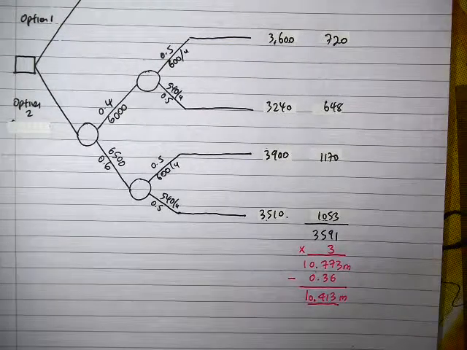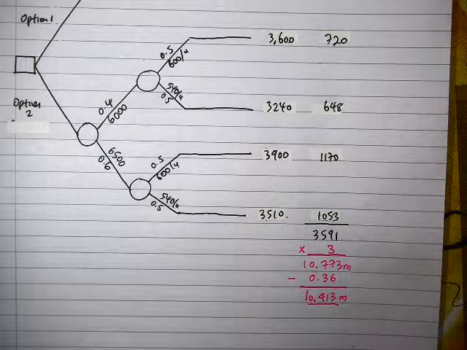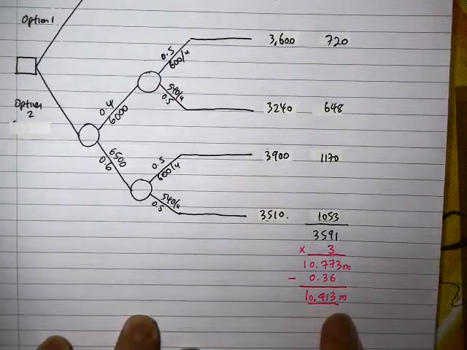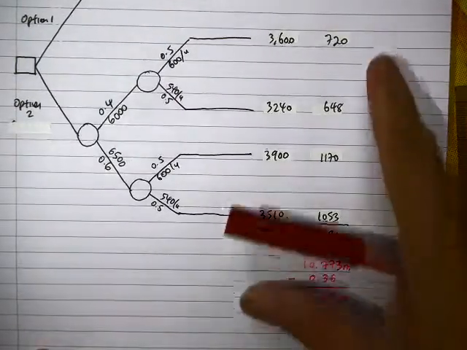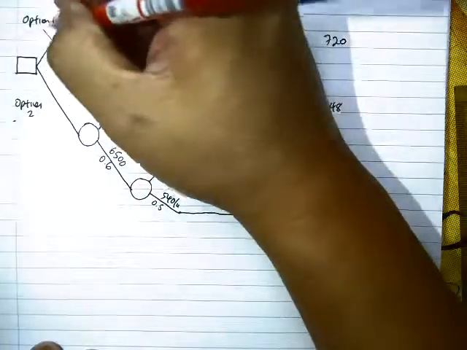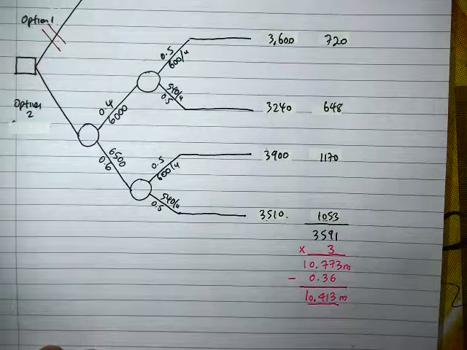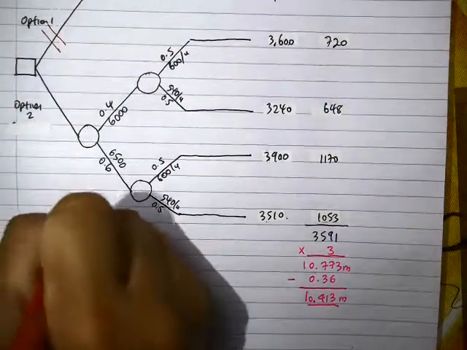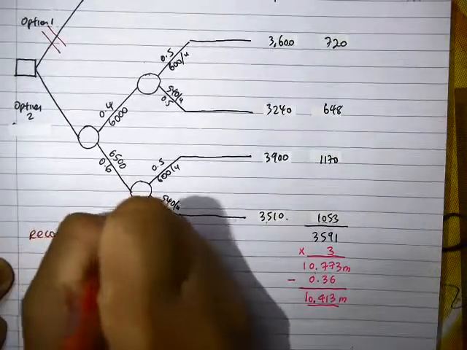So which option is better then? Option 2, correct or not? Because option 2 gives me 10.413 million, whereas option 1 only gives me 10.08. So you will cross out option 1. Then you give your recommendation.